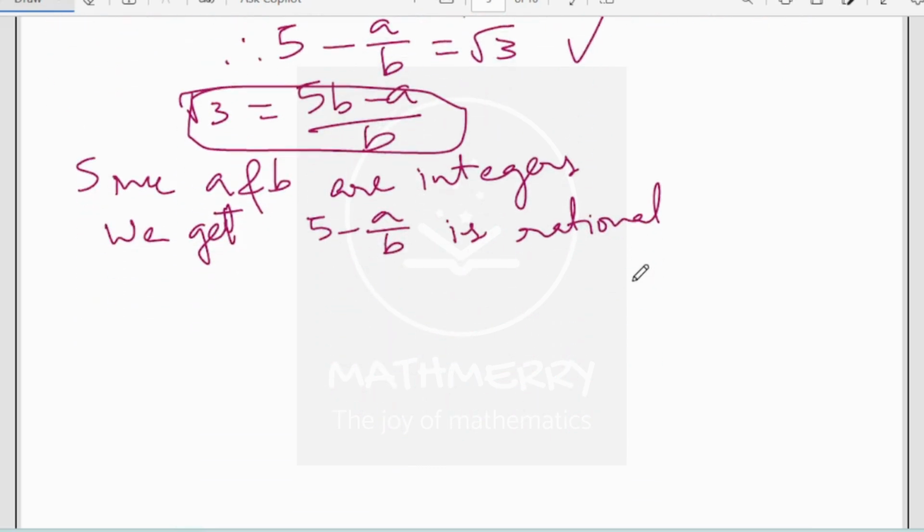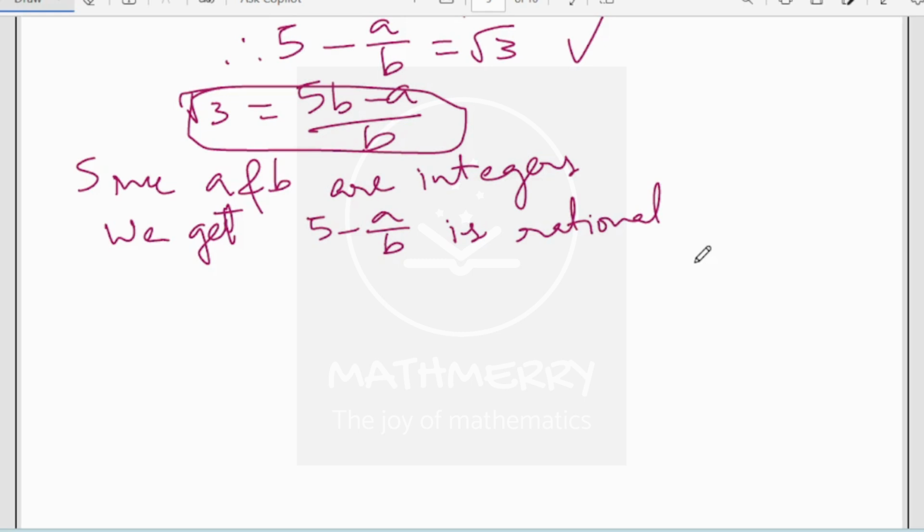If A and B are integers, we can write 5 minus A by B as a rational number. It's possible. A and B are integers, so we are subtracting it from 5, the rational number.